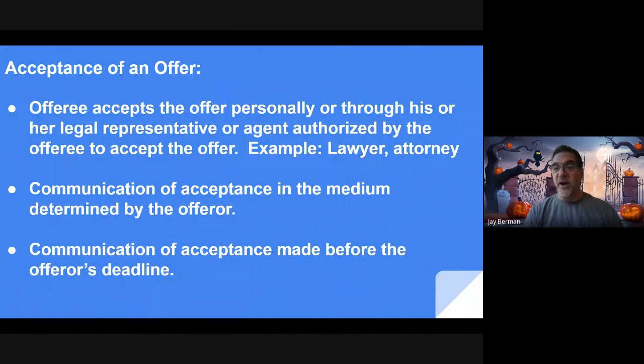So if an offeree accepts an offer after the deadline, it's not considered a contract, particularly if there is a specific deadline. Most good, valid contracts would have some sort of deadline that the offeree has to meet. If the offeree accepts the offer after the deadline, then the offer is not accepted.